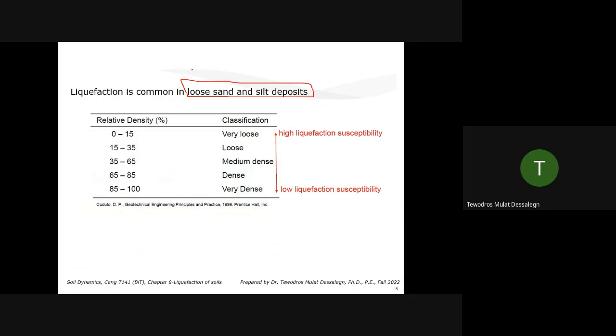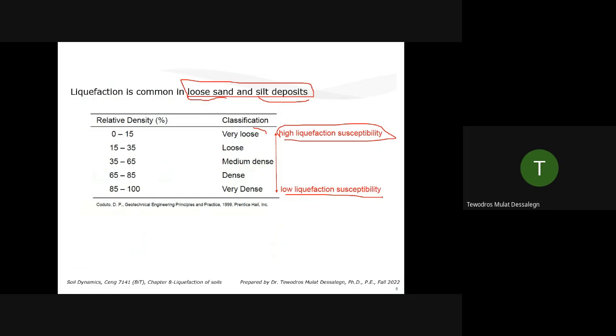But there is a specific case for loose sand and some silt deposits where it tries to densify so fast and the water doesn't have enough time to escape, so high water pressure develops. So very loose soil has a high liquefaction susceptibility. If it is dense, it doesn't have that much liquefaction susceptibility.